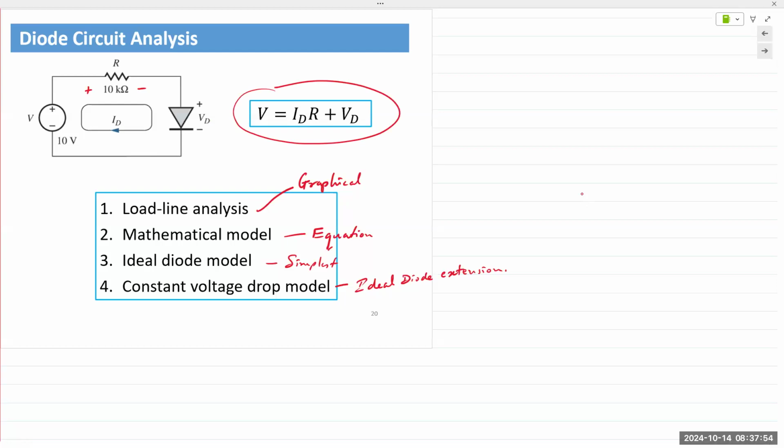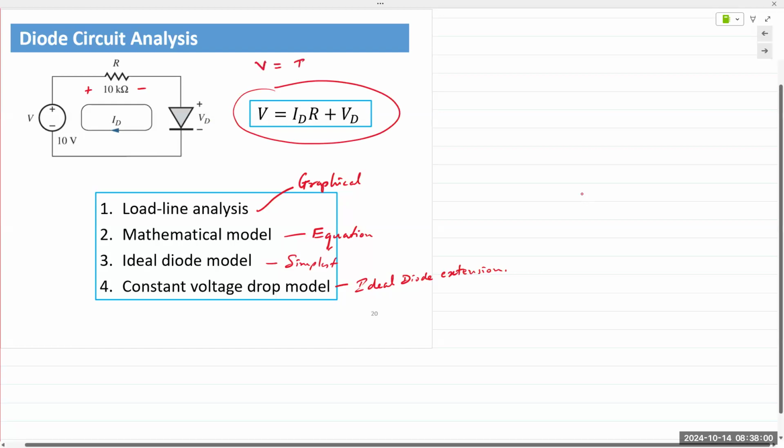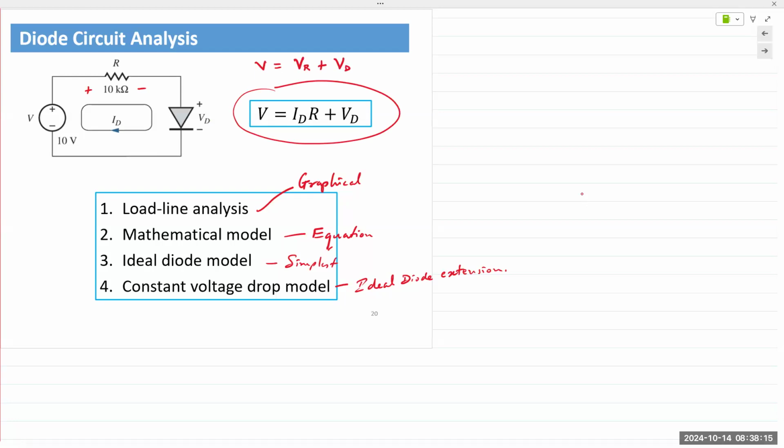V is equal to IDRD plus VD. So basically the source voltage is the resistor voltage plus the diode voltage. One energy source and two components receiving. Okay, so that's from KVL.